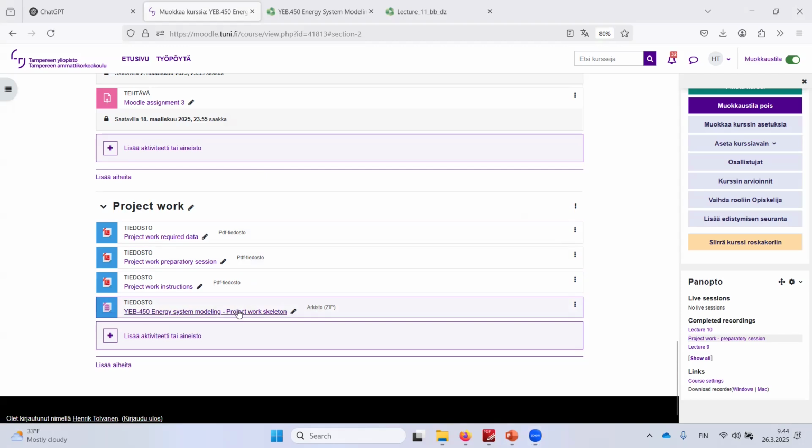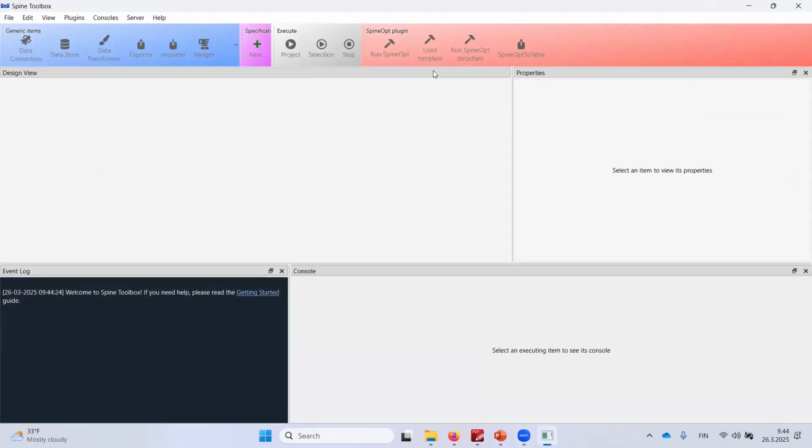So this project skeleton will provide you four different blocks, and on top of that, you will have to get this load template. So you have to drag it and connect it to the existing blocks.